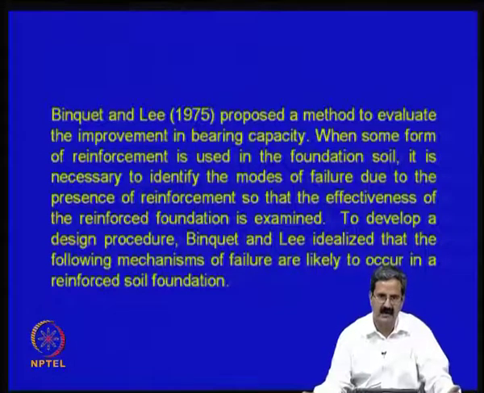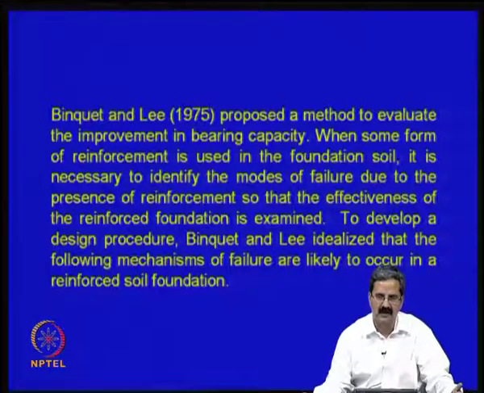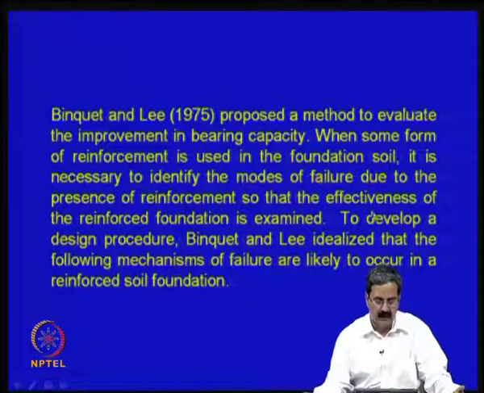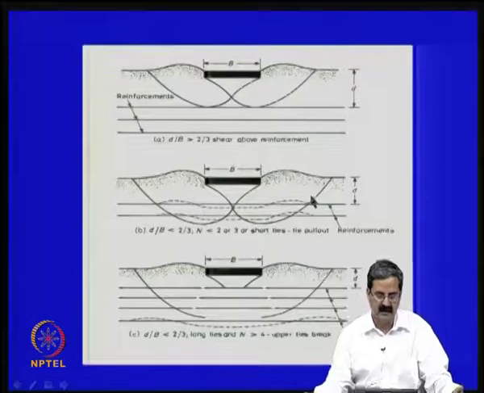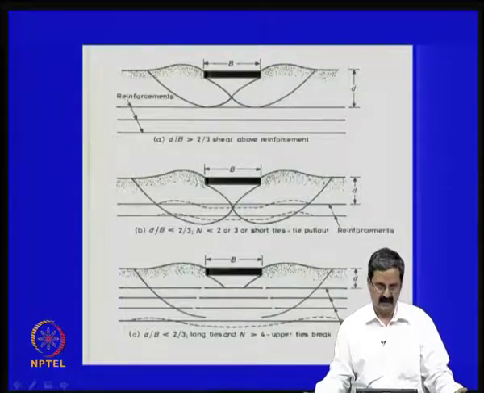Say for example, a particular thing may fail in a particular direction. So, you try to handle that particular direction, and see that the failure does not occur. So, these researchers have identified certain mechanisms that we will see. There are three types of mechanisms that they said could be possible in the case of reinforced soil.